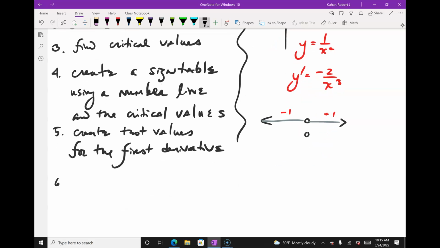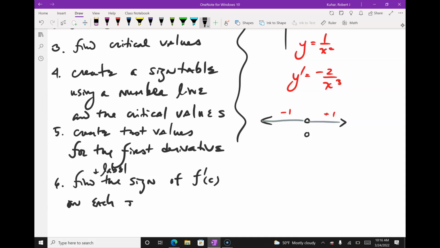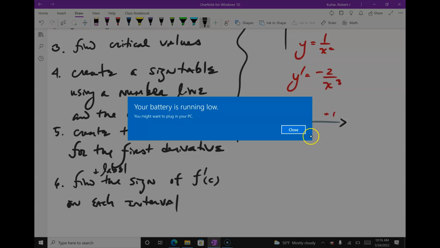Step 6. Find and label the sign of f prime of c on each interval. Uh-oh.